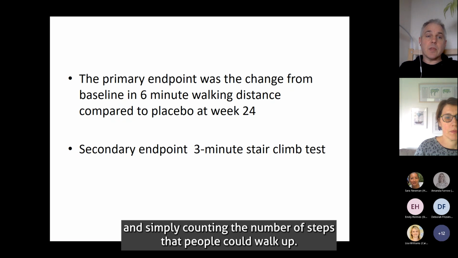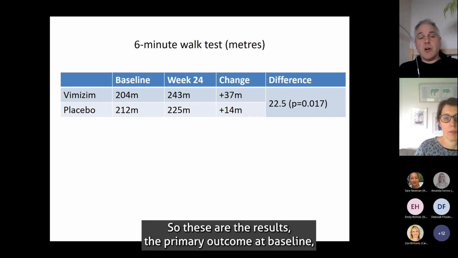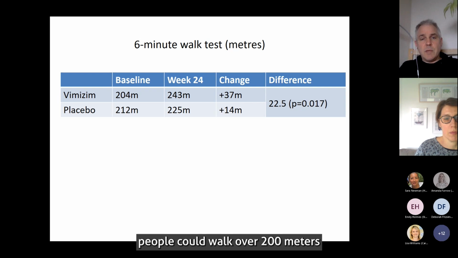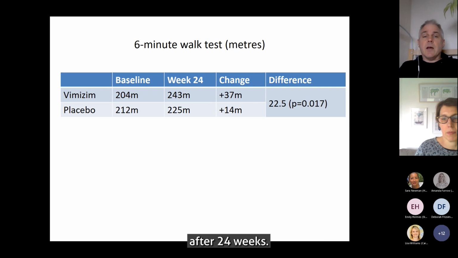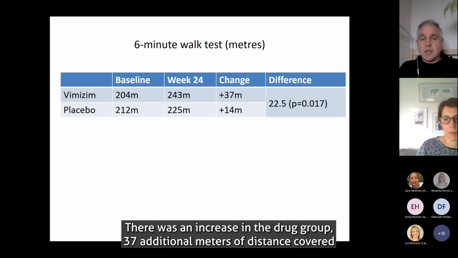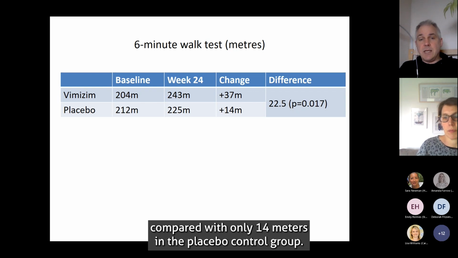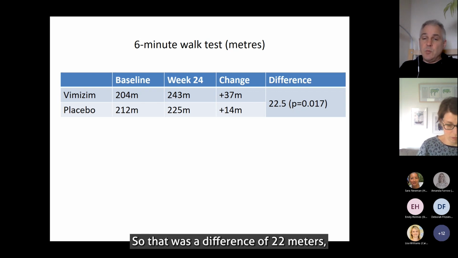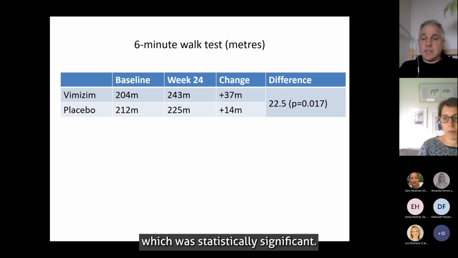So these are the results of the primary outcome. At baseline, people could walk over 200 meters. After 24 weeks, there was an increase in the drug group, 37 additional meters of distance covered, compared with only 14 meters in the placebo control group. So that was a difference of 22 meters, which was statistically significant.